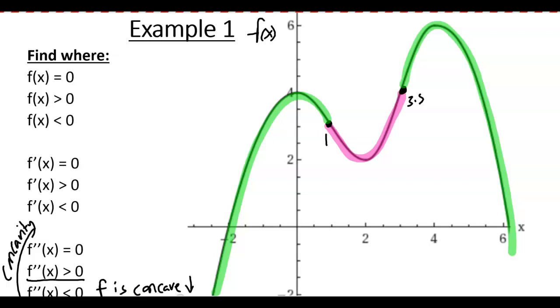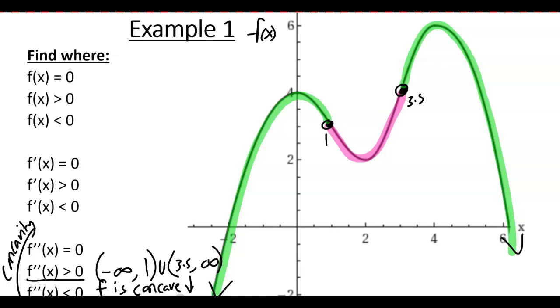So I'd say those places are where f is concave down, okay? And so that would be from negative infinity on the left to 1 on the right, in tandem with 3.5 on the left here, off into infinity on this side. Okay, and so that's where f double prime would be less than 0.